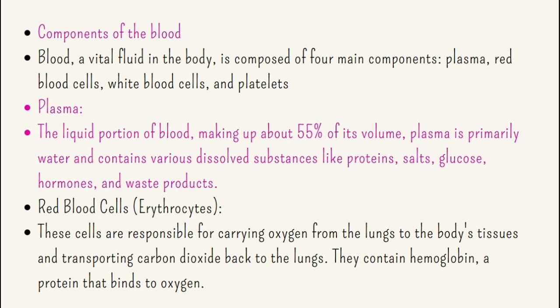Now this word right here, erythrocytes, I can't even pronounce it myself, is basically the same thing as red blood cells. It's just the more technical name. But just remember that plasma is the liquid part of the blood, and red blood cells carry oxygen and contain hemoglobin. So just remember those main things about these two.